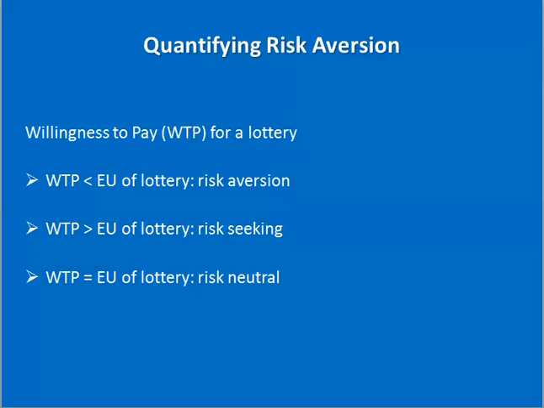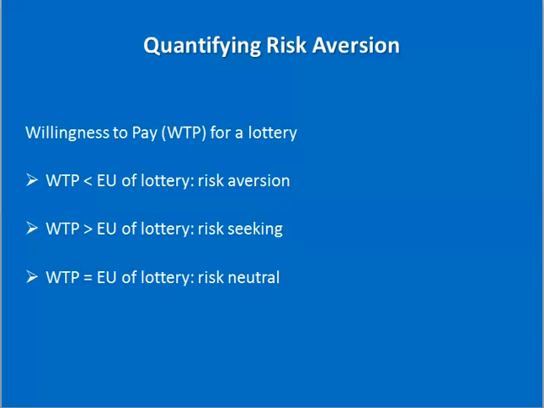If the willingness to pay to participate in a lottery is less than the expected utility of the lottery, one is said to be risk averse. So in the example I gave, in which there was a 50% chance of winning $100, if one paid less than $50 to participate in that lottery, they would be said to be risk averse.